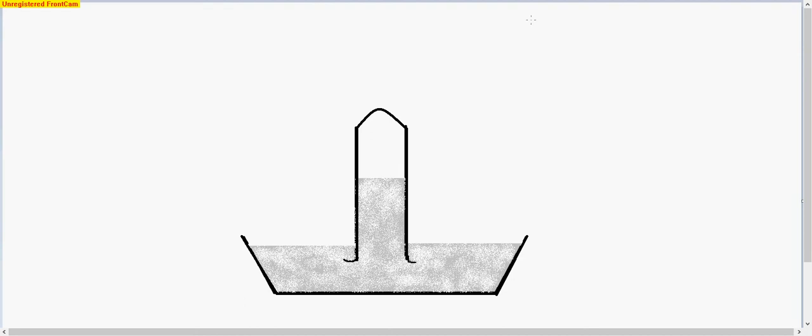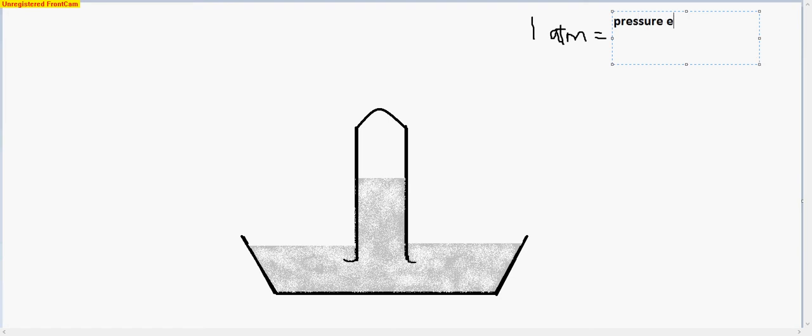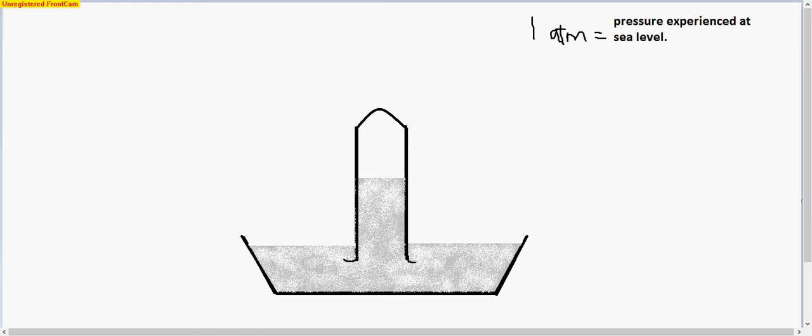In one of the previous lectures, I told you about atmospheric pressure, right? And I told you 1 atm was the pressure experienced at sea level. Yes, 1 atm is the pressure experienced at sea level, but this is not actually the same for every country, because different countries will have different sea levels.